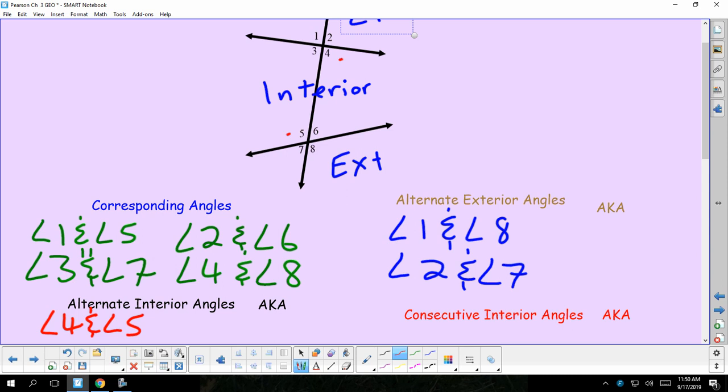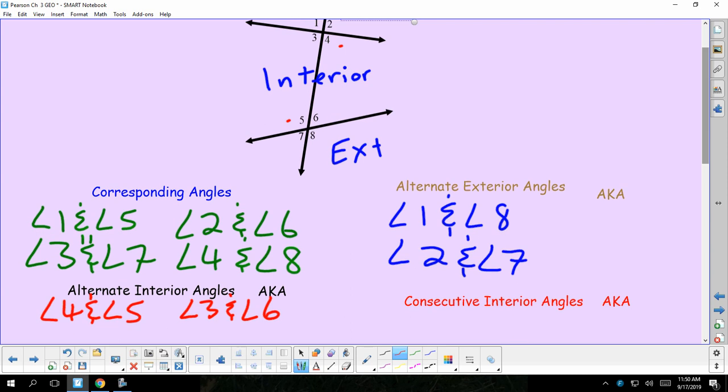Opposite sides of the transversal, but on the inside. Alternate interior. And then angle 3 and angle 6.